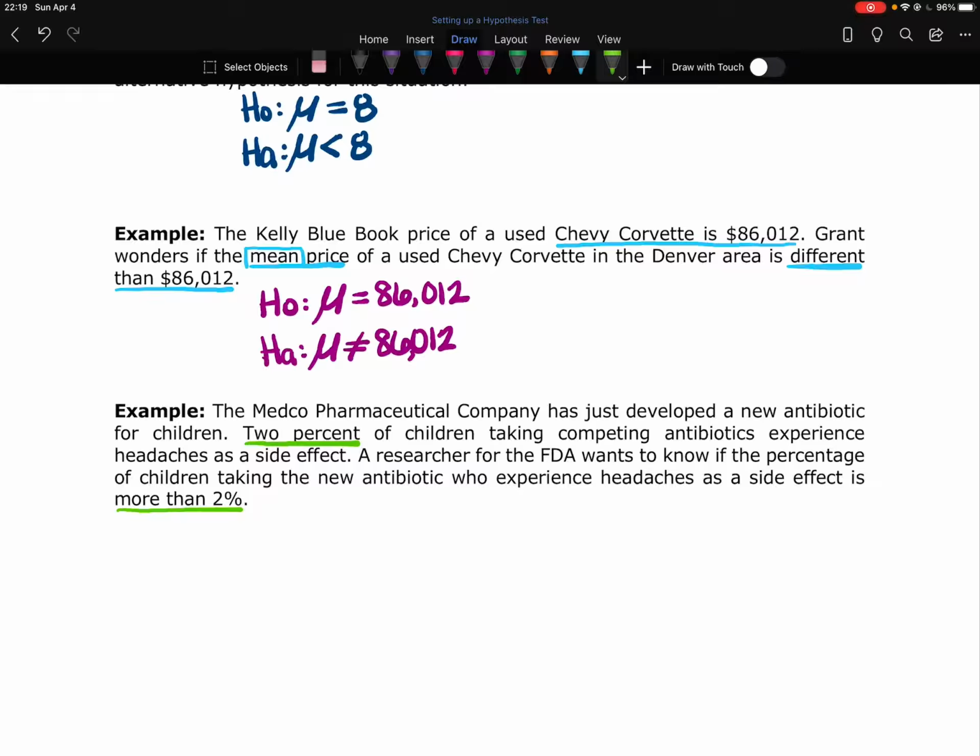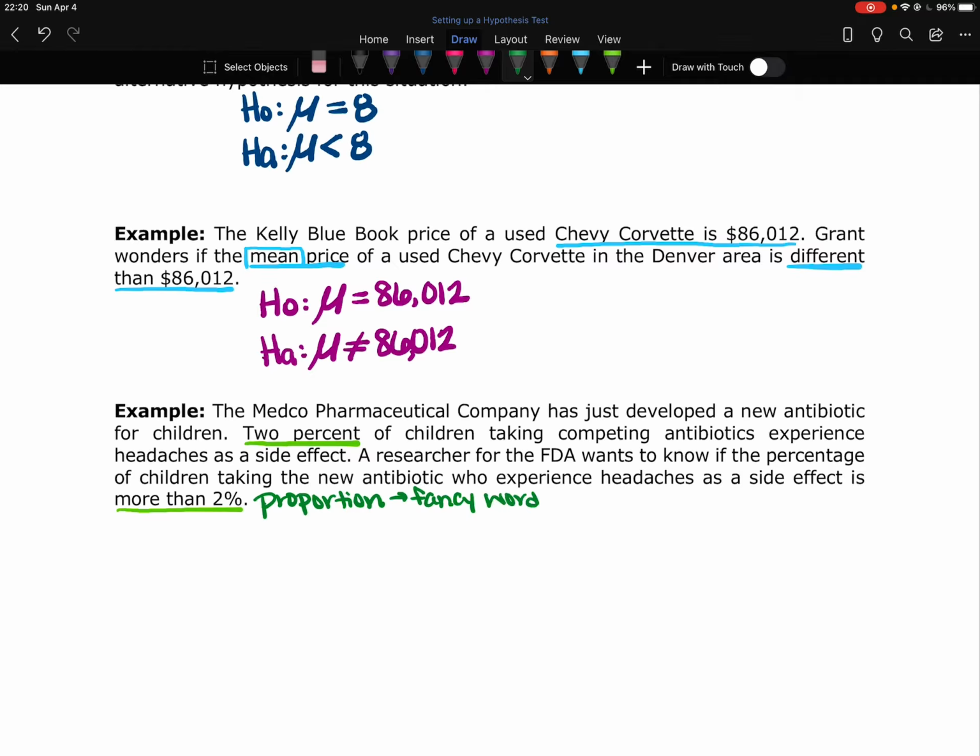So now I don't have a word in here to jump out at me like mean, proportion, standard deviation. But remember, the word proportion is kind of a fancy word for percent.